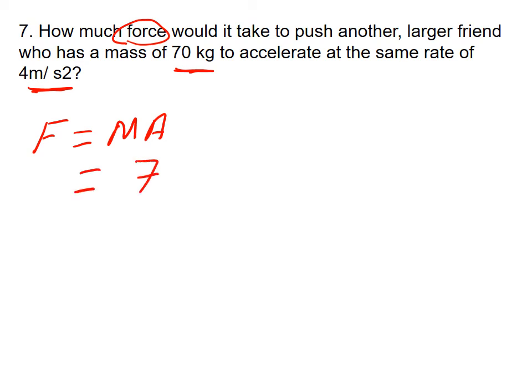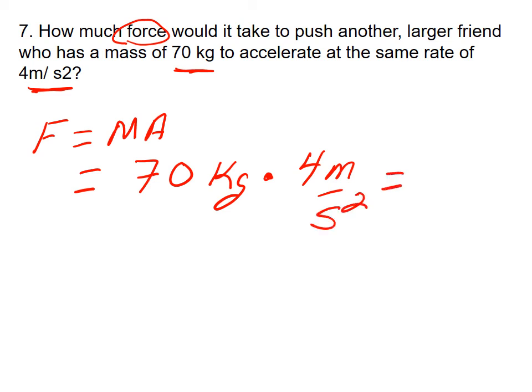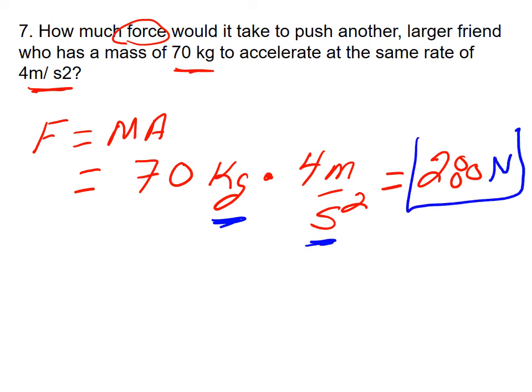The mass is 70 kilograms. The acceleration is 4 meters per second squared. 70 times 4 is 280. And again, a kilogram and a meter per second squared comes out to be a newton.